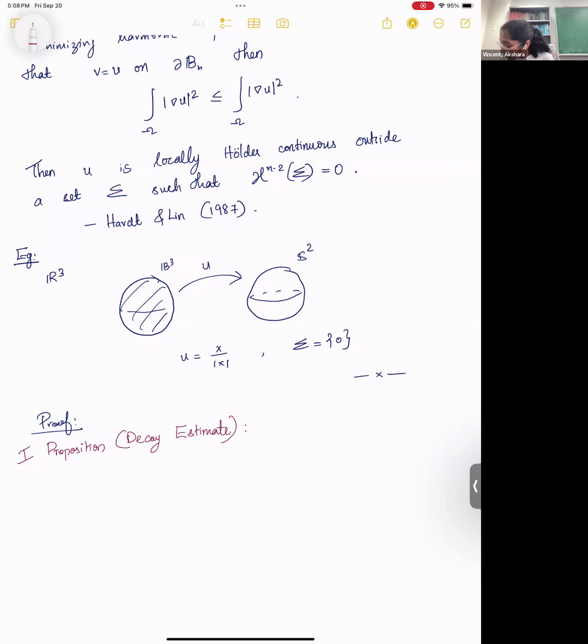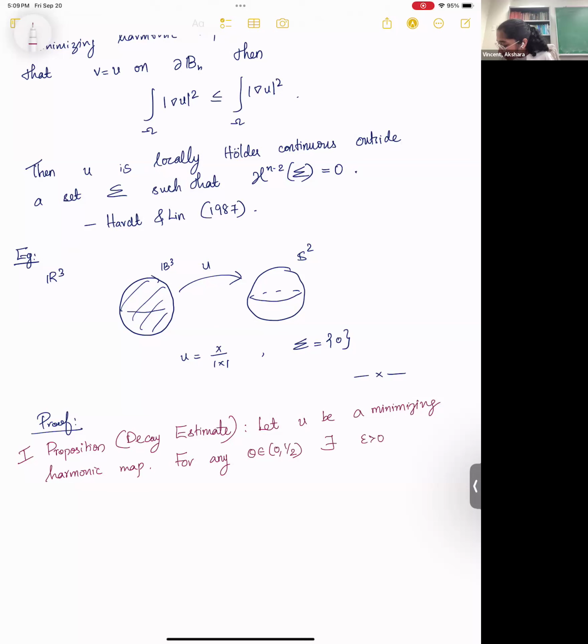So what does it say? Assume that u is a minimizing harmonic map, as mentioned before, and fix any theta belonging to (0, 1/2).